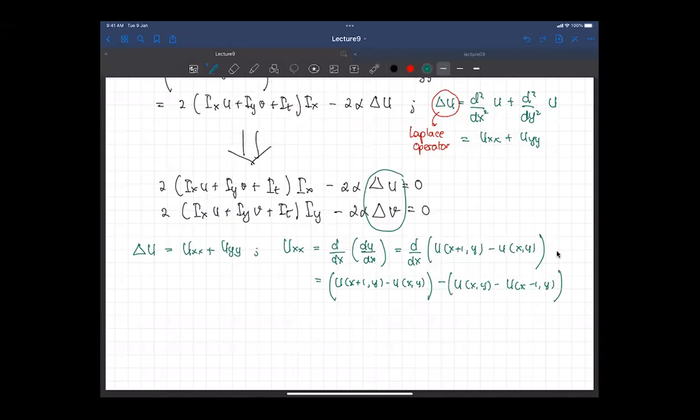Yes, so this is the first derivative of the pixel on the left, this is the first derivative of the pixel on the right, and then the whole minus is the second derivative. And if you look carefully, basically u(x+1, y) plus u(x-1, y) minus 2 u(x, y).